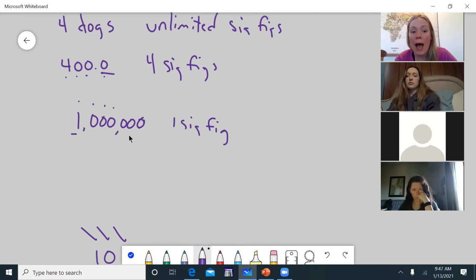I can convert this to 1.000, including just 3 of the zeros, times 10 to the, well, 1, 2, 3, 4, 5, 6, yeah, 10 to the 6. I'm not including all the zeros in my decimal, just the things that are significant. That's a workaround. So if you want some of the zeros to be significant, but not all of them, change it to scientific notation.